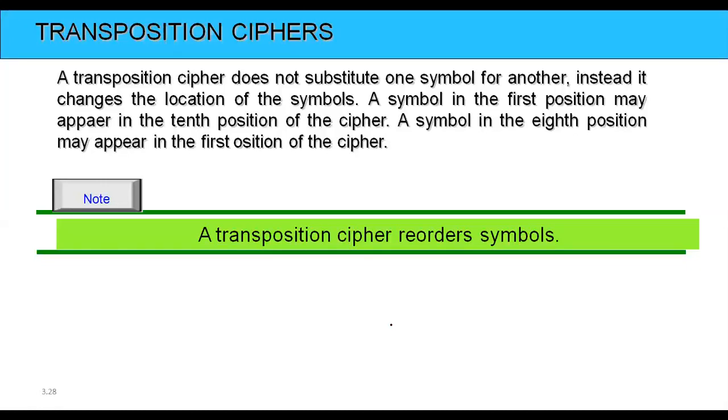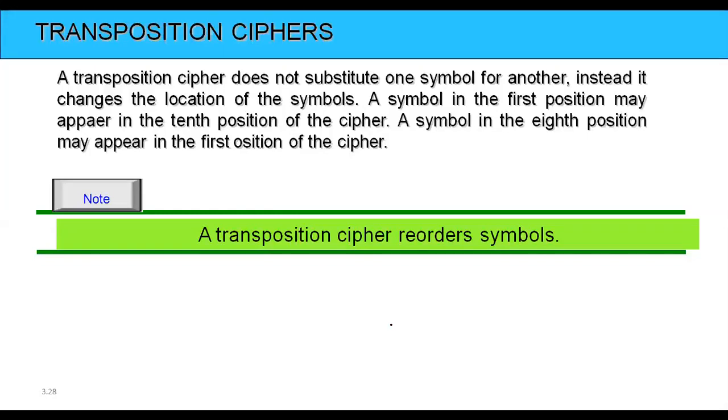We change the position of each and every character. For example, the position of the first character is changed to the 8th position, or the position of the second character is changed to the 10th position. Just by changing the positions of the characters, I convert the plain text into ciphertext.